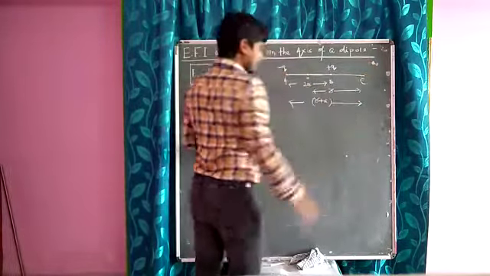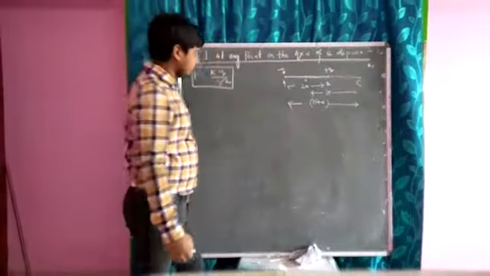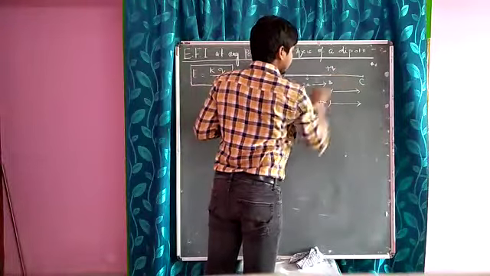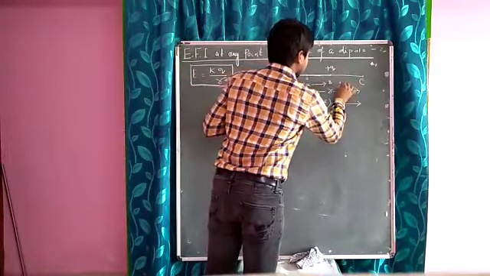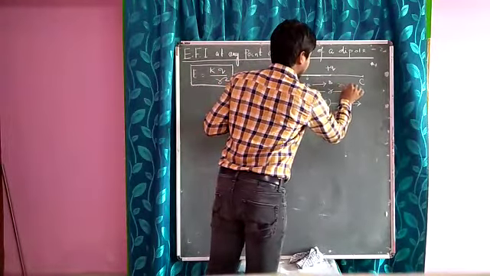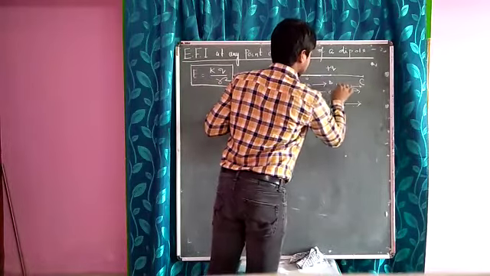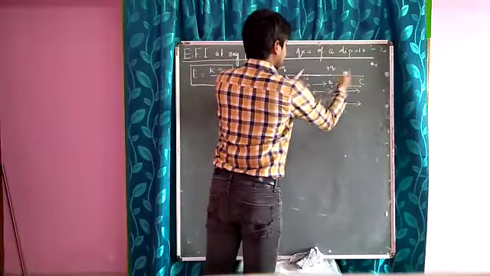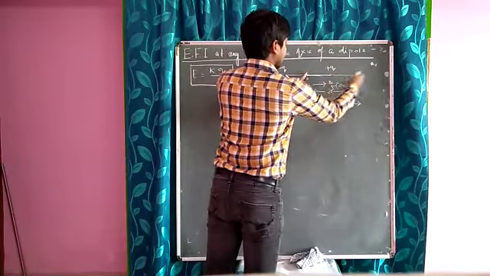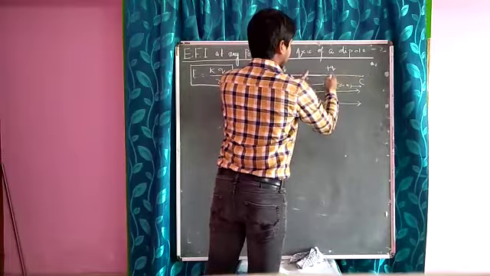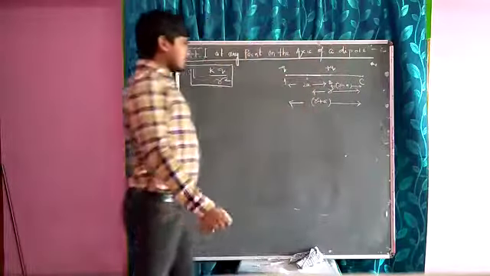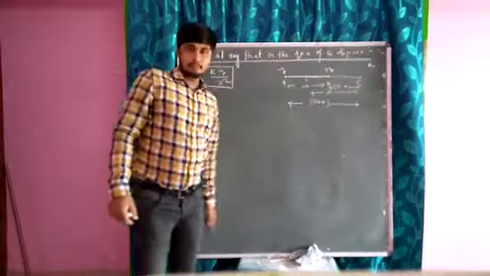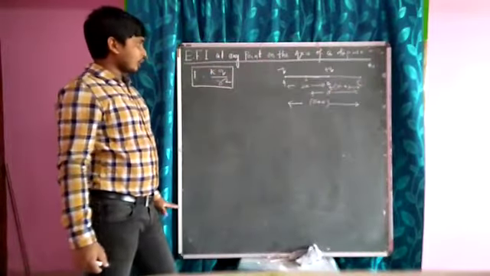So the total distance is r plus a, and the distance from B to C is r minus a. Why? Because from O to C the distance is r and from O to B the distance is a. So this distance will be r minus a. We will get the distance of the point C from the point B. Is it clear?